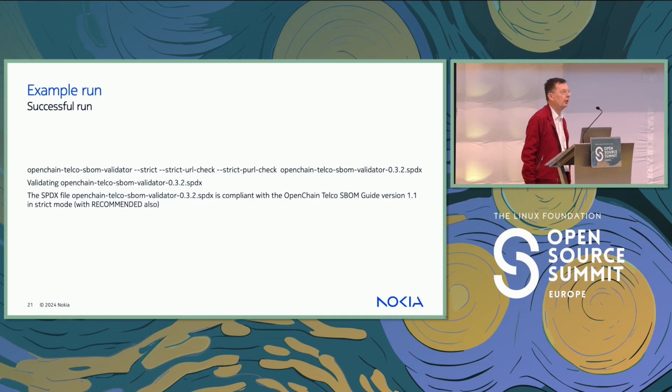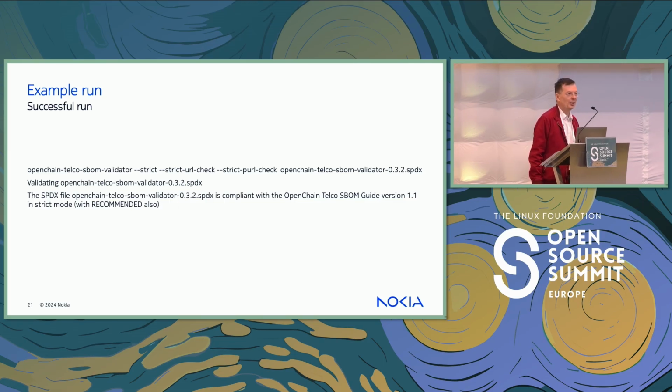So now a second run, a successful run. Since we provide a software tool, we have provided the SBOM for this tool, and we managed to provide an SBOM that is compliant with the guide, which should be the minimum. And here you see I have put several options to reinforce the validation. The first option is --strict.